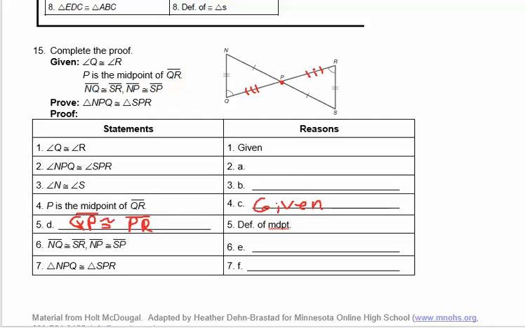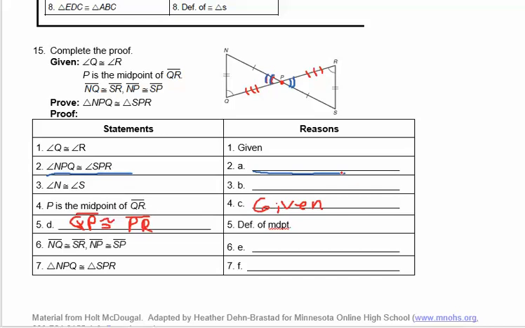We're also going to use vertical angles somewhere. Vertical angles tells us that if you have two lines crossing and forming this X, then these two angles across from each other will be congruent to each other. So when you write that angle NPQ is congruent to angle SPR, the reason will be vertical angles.